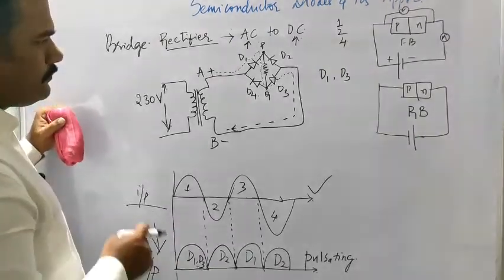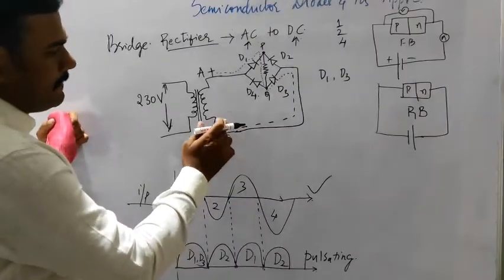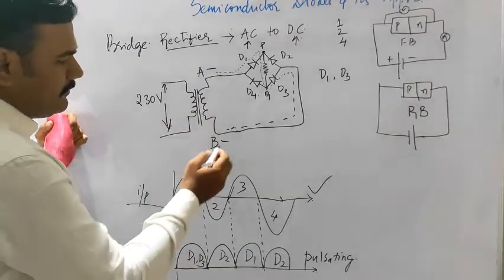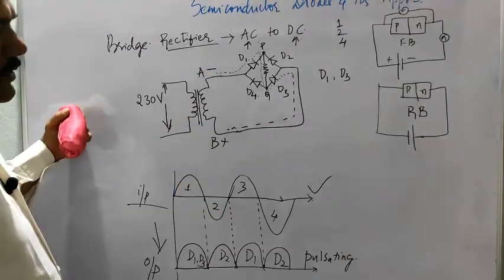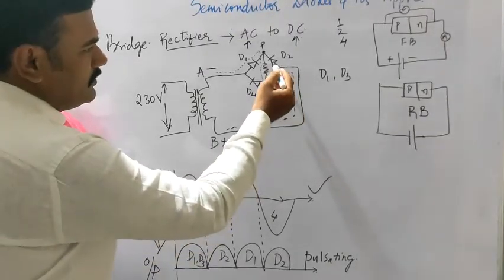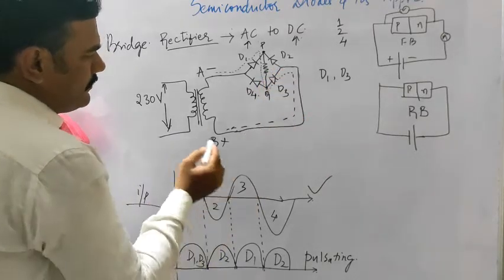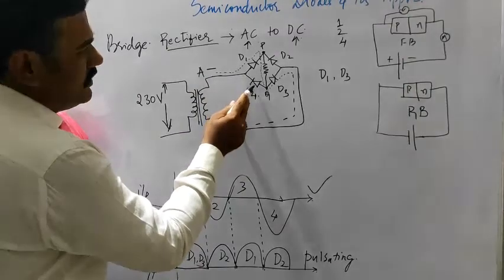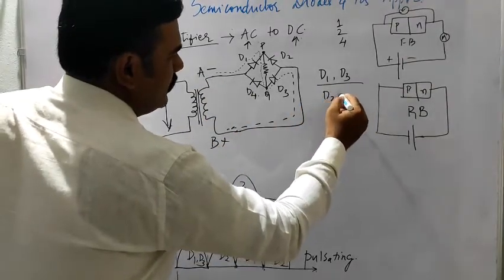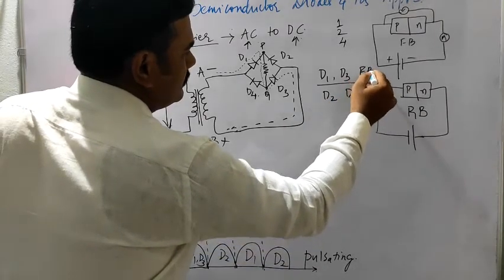The second case, what happens? Terminal A becomes negative when the second half cycle comes across the secondary, and B becomes positive. Positive connected to positive, so D2 becomes forward biased, and negative connected to negative, so D4 becomes forward biased. So in the second case, D2 and D4 are forward biased.